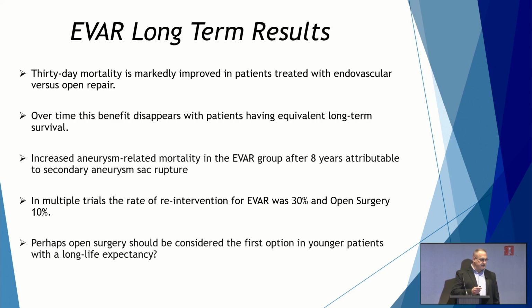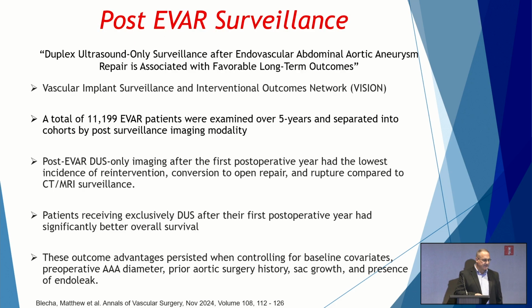But here's a concerning point: some of these studies are finding an increased aneurysm-related mortality in the EVAR group after 8 years, attributable to secondary aneurysm sac rupture. In multiple trials, the reintervention rate for EVAR was much higher. So the question arises, maybe we should consider open surgery first in patients that are younger, can tolerate it, and have a longer life expectancy.